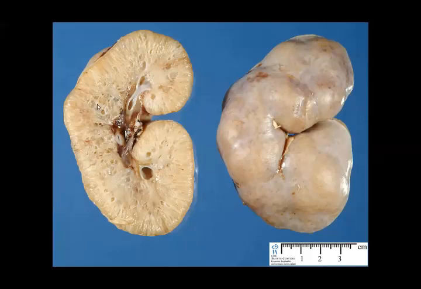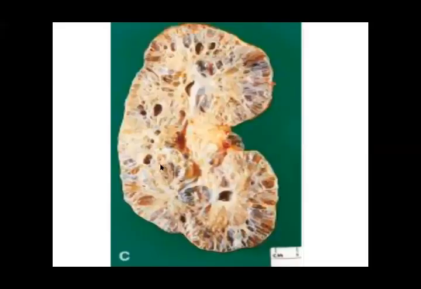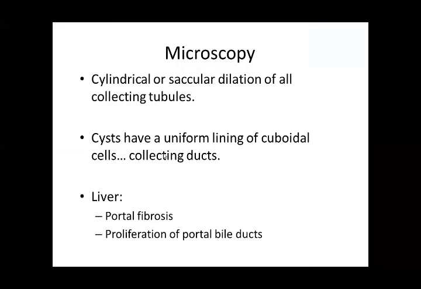Longitudinal cysts in the cortex, and some round cysts in the medulla as well. Dilated, elongated channels are present at right angles to the cortical surface, and they completely replace the medulla and cortex. You can see those renal cysts completely replace the medulla and the cortex.